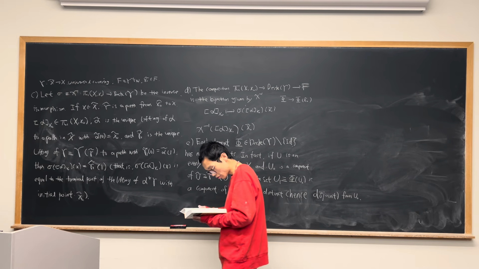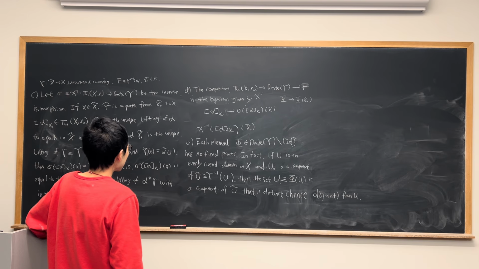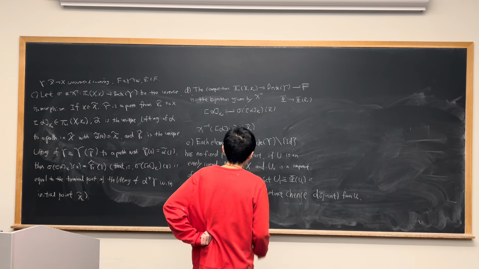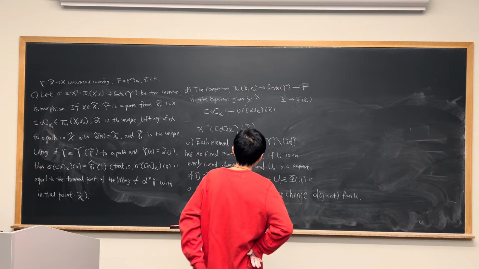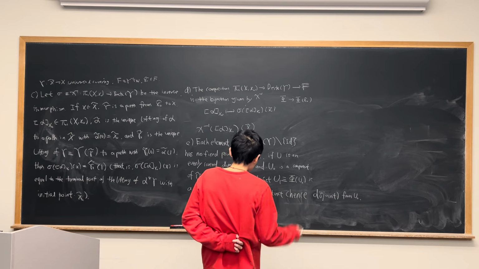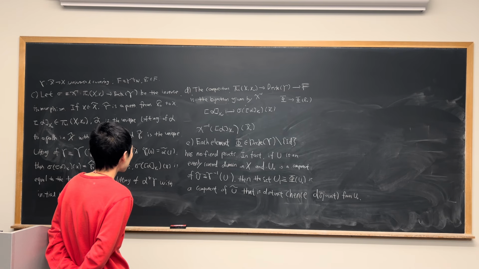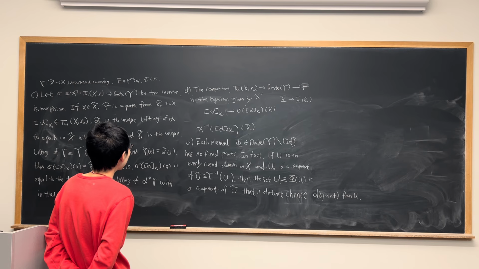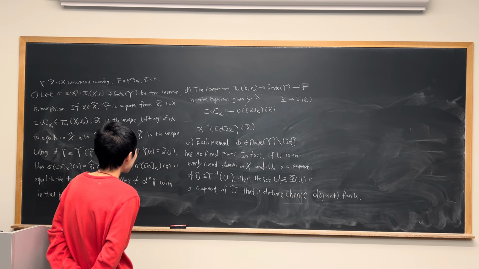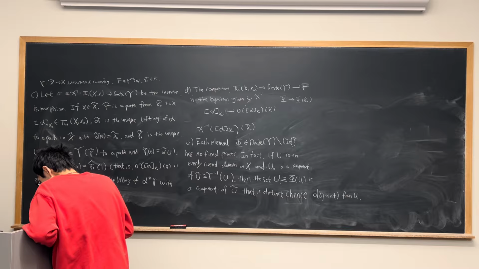Okay, so let's try to show this. Let's first show that each element phi in this deck, the deck transformation group of this gamma, excluding the identity element, has no fixed points.